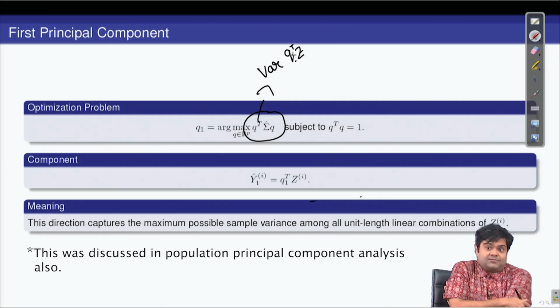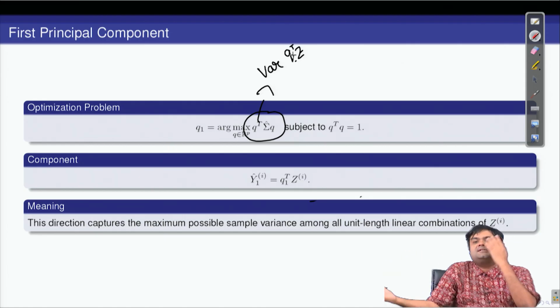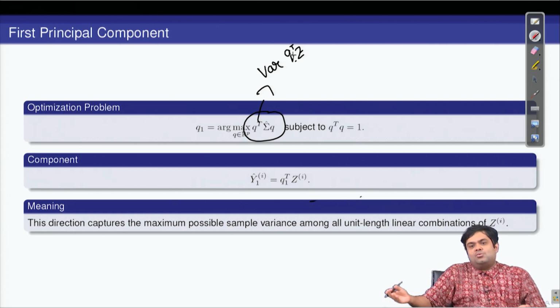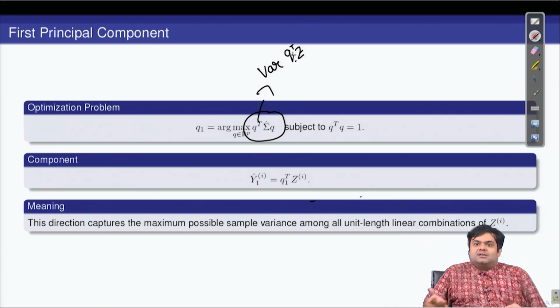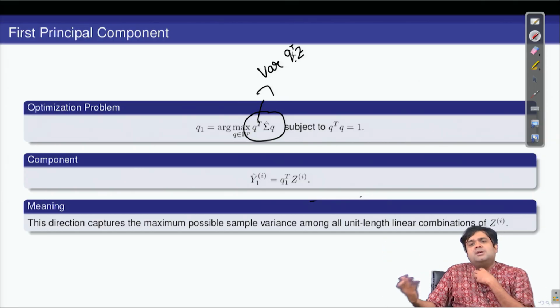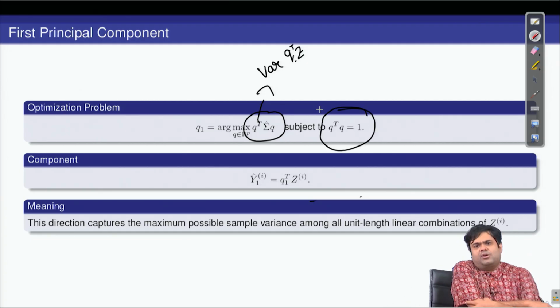We discussed this in the case of principal components also: if the variance in a certain direction is 10, you can choose a much larger vector in the same direction to scale up the variance much more. But we are not really interested in the absolute value of the vector, but in the direction in which the sample variance is maximum. So, to focus only on direction, we impose the condition of unit direction.